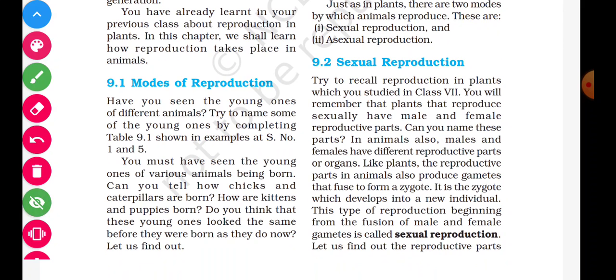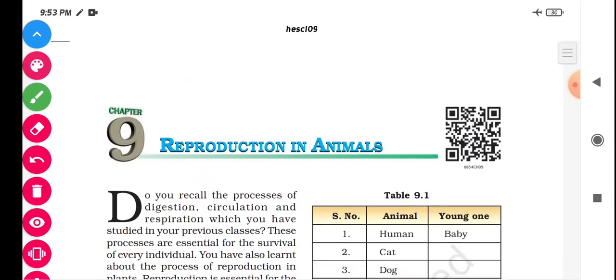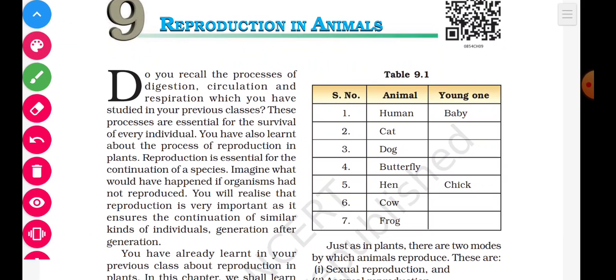So, the first activity for all of you is a table in which the animal name is written. For example, human, cat, dog, butterfly, hen, cow, frog, and their young one. Means, what is the exact name for the younger animals?